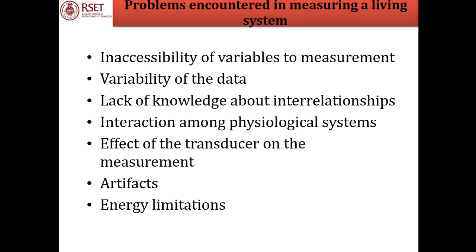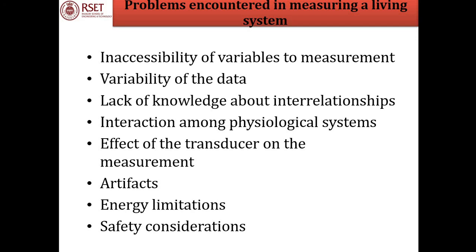So in such cases, some of the transducers, for example, may generate a small amount of heat due to the current flow. In most of the cases, it is found to be very low. However, this also is an important consideration while designing and while procuring information from a system.